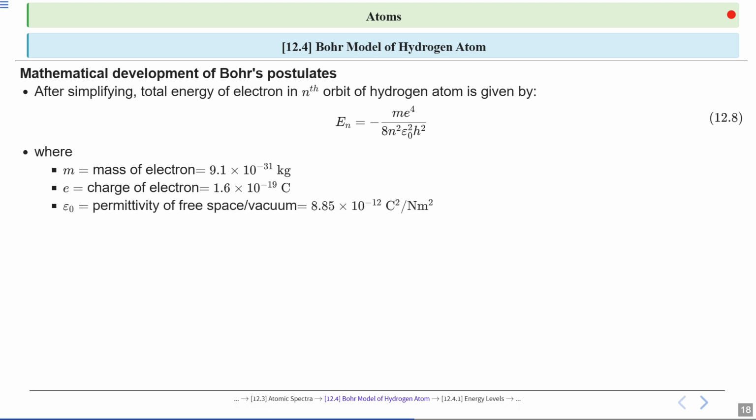Epsilon naught is the permittivity of free space or vacuum. Its value is 8.85 times 10 to the power minus 12 coulomb square per Newton meter square. Finally, h is Planck's constant, which is 6.6 times 10 to the power minus 34 joule seconds.